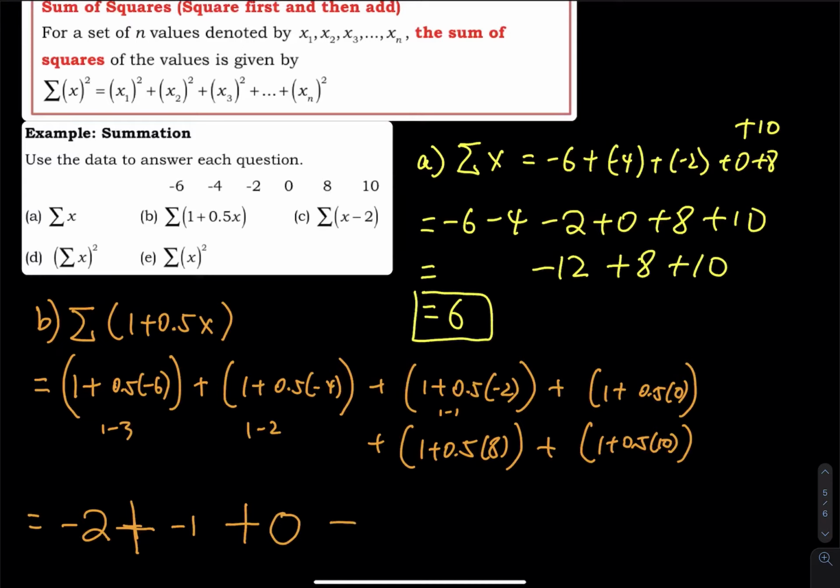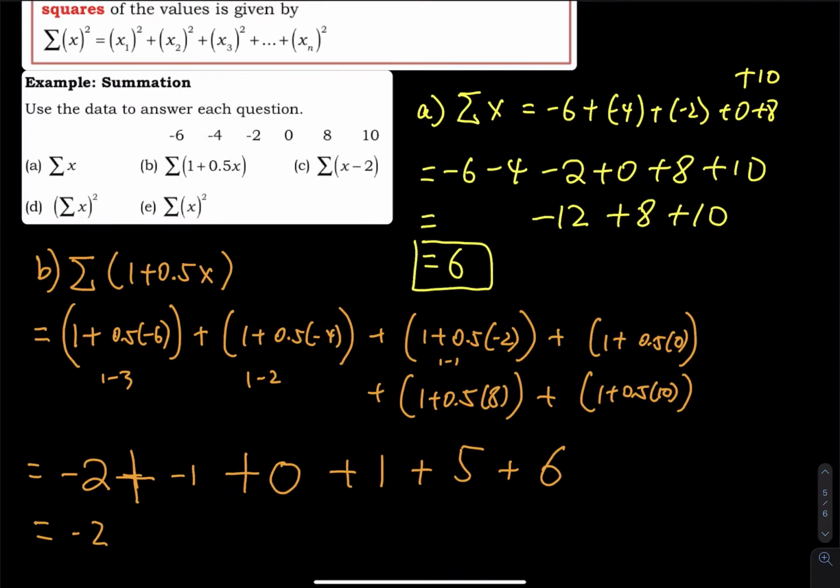And then 0 times 0.5 is 0, so you just add a 1, and then half of 8 is 4, 4 plus 1 is 5, half of 10 is 5, 5 plus 1 equals 6. So you have -2 minus 1 plus 1 plus 5 plus 6. Minus 1 plus 1 is cancelled, so you have 11 minus 2, the sum equals 9.